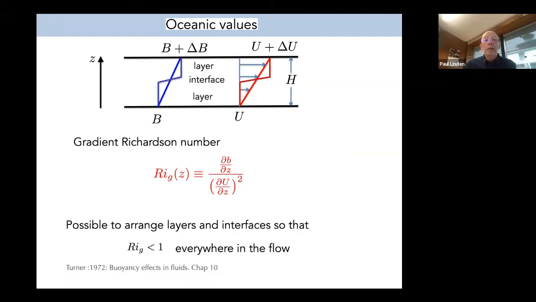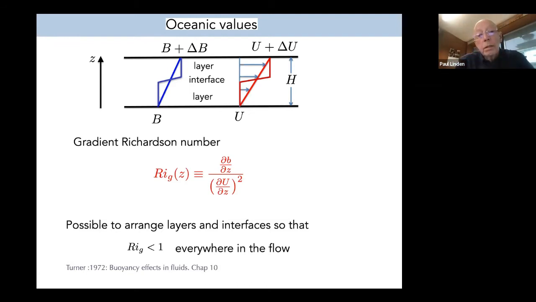And really, the answer is of this form. So, as I said, we start off with this very simplified system of a linear variation between B and B plus delta B and the velocity. We could imagine other systems where the profile is not just a straight line.